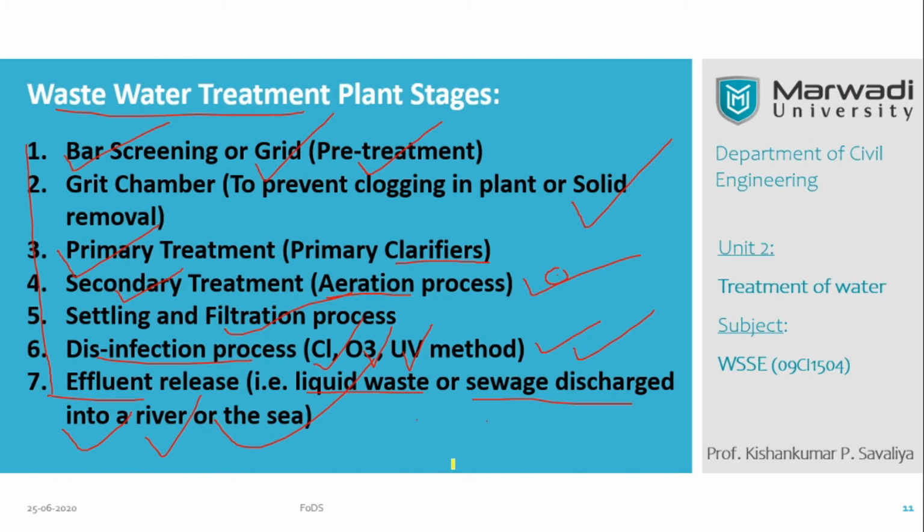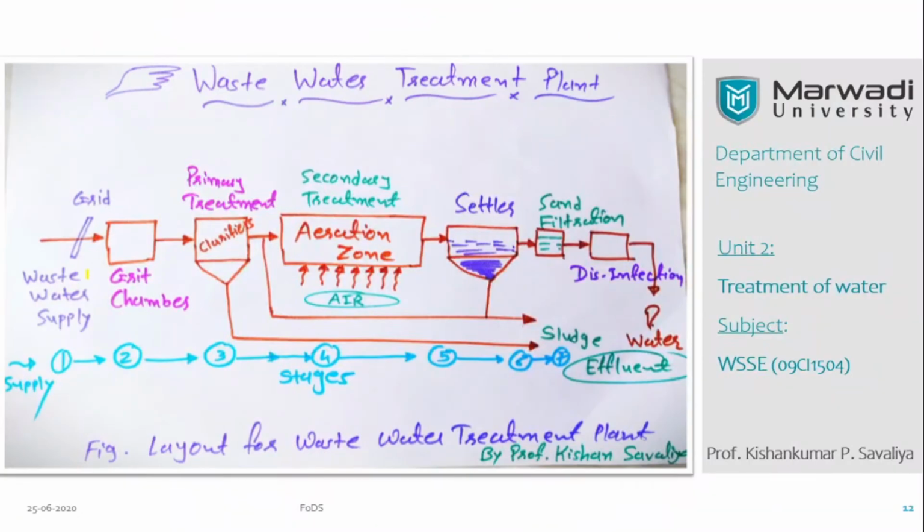Now let us discuss the layout of the wastewater treatment plant. This is the layout for the wastewater treatment plant. Here you can see we have mentioned different stages, 1, 2, likewise. We will go stage by stage, so you will get the basic idea regarding the wastewater treatment plant.